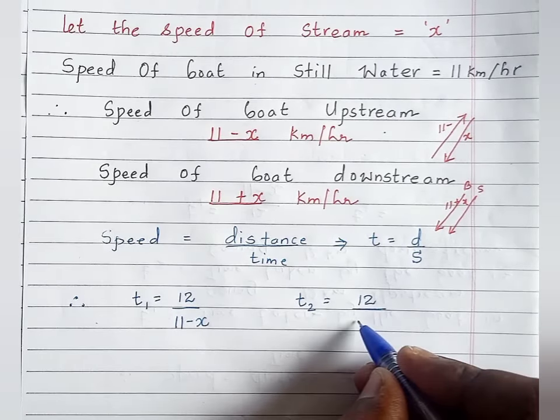Therefore, in the question they have given the total time taken is 2 hours 45 minutes. The total time is T1 plus T2 equals 2 hours 45 minutes.